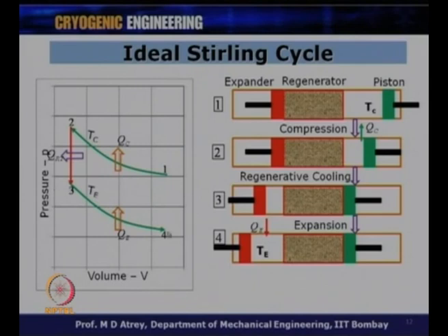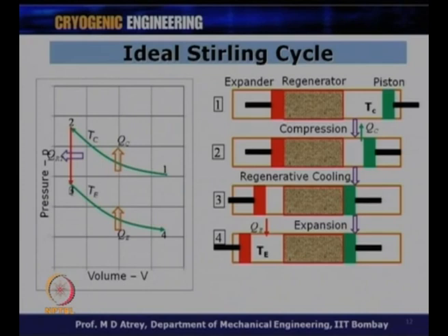So, the 3 to 4 process is the isothermal expansion process. Please understand again, during this time the compressor piston is at top dead center, while the expander piston was at top dead center during process 1 to 2.